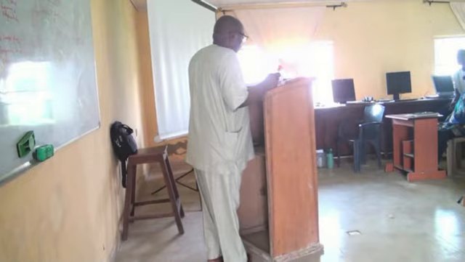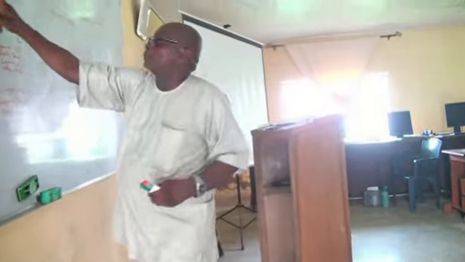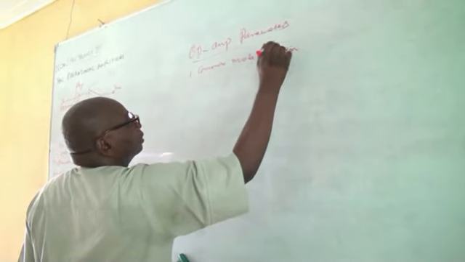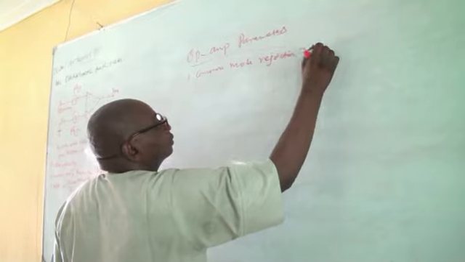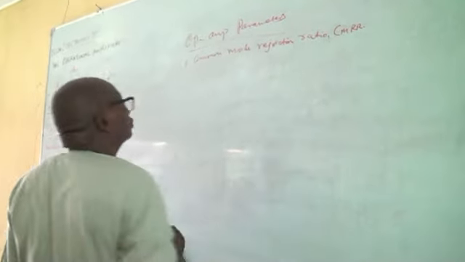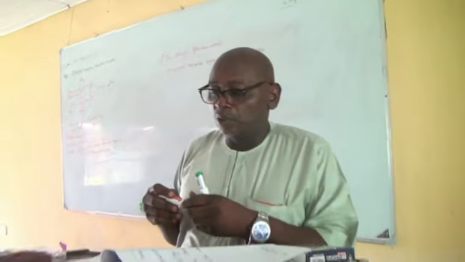So let us look at op amp parameters. Already I've discussed one, but we're going to look at op amp parameters. Rejection ratio, CMRR, common mode rejection ratio, which I've already discussed with you.